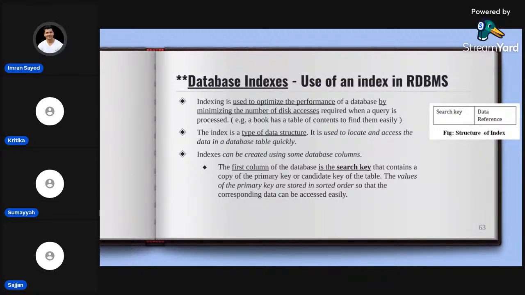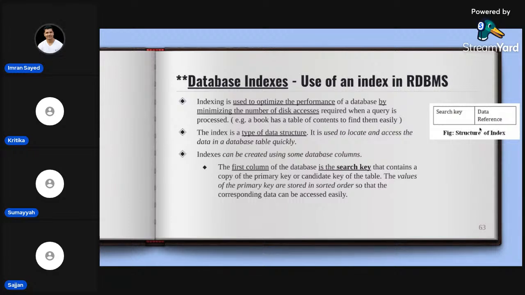You have to search the entire book, keep turning the pages and look for that particular chapter. But if you have the index, you can just read the title, get the page number, and directly go there. So that's exactly what the index is, just like your book has a table of contents. It's a type of data structure, making it easy to locate and access the database quickly.